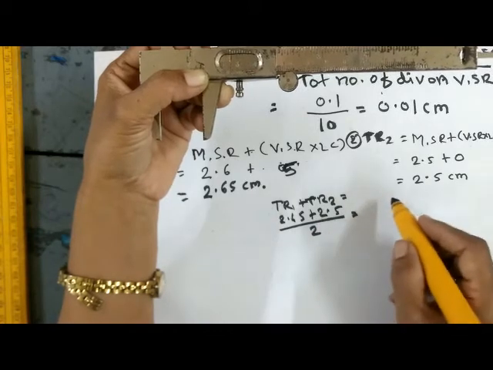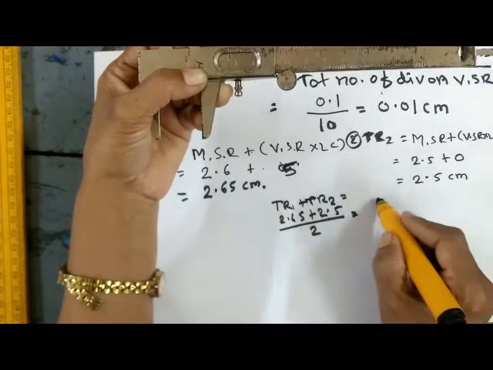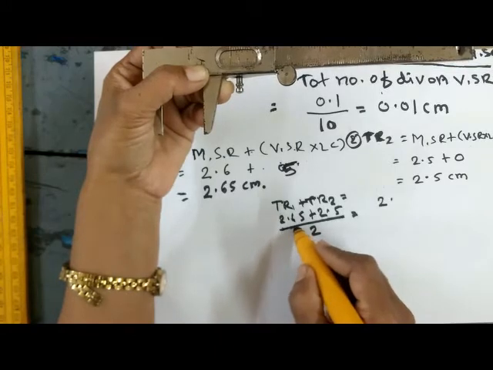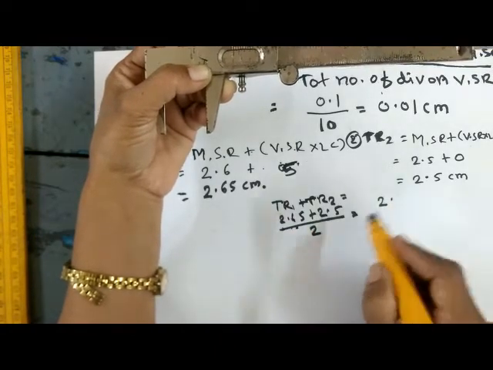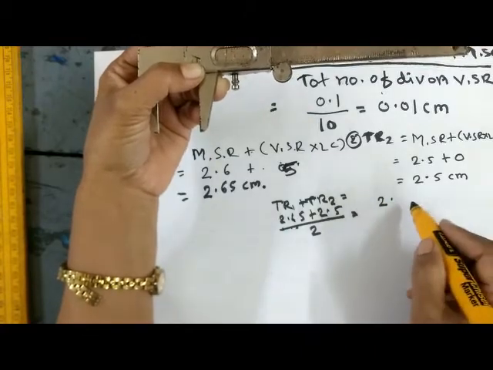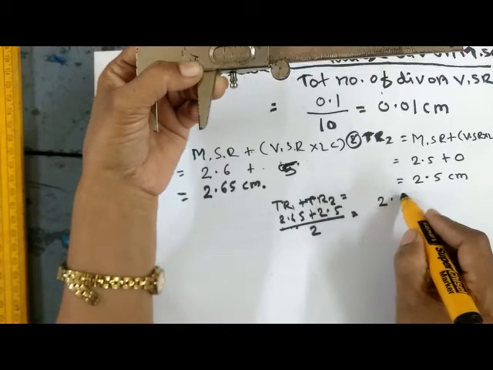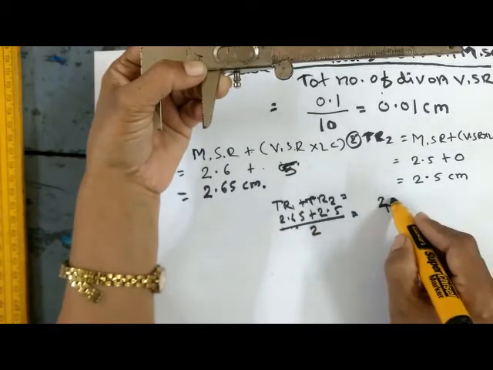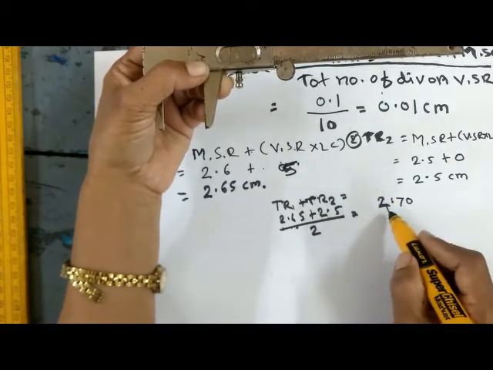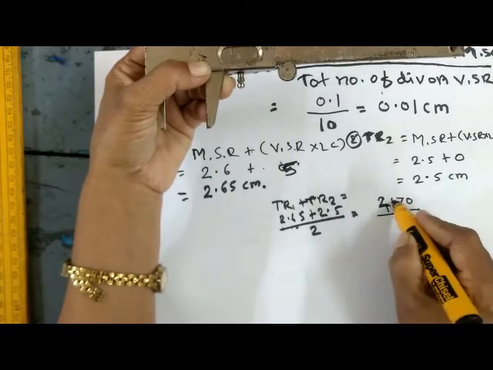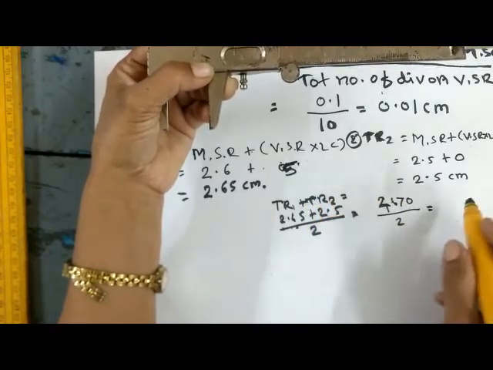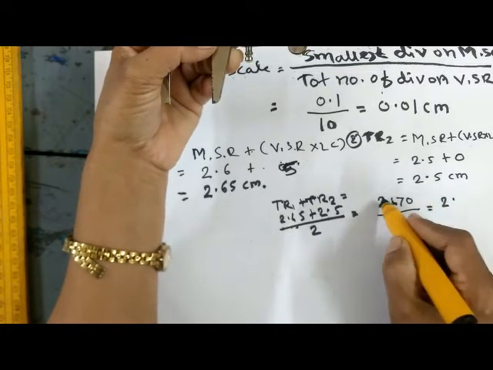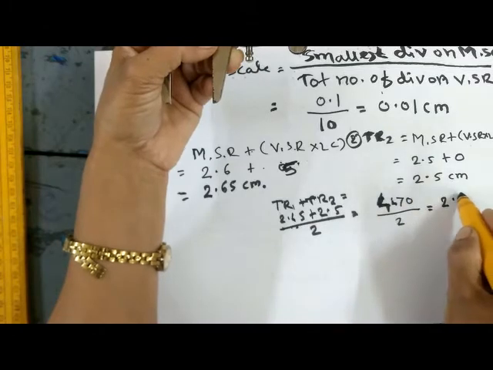We get 4.70 divided by 2. We get the mean difference between these two readings.